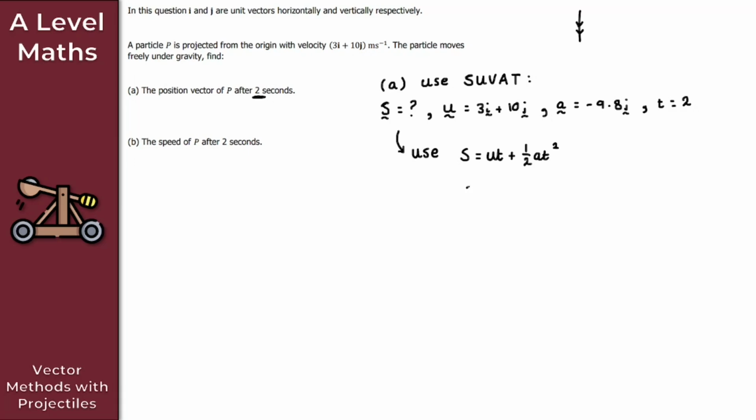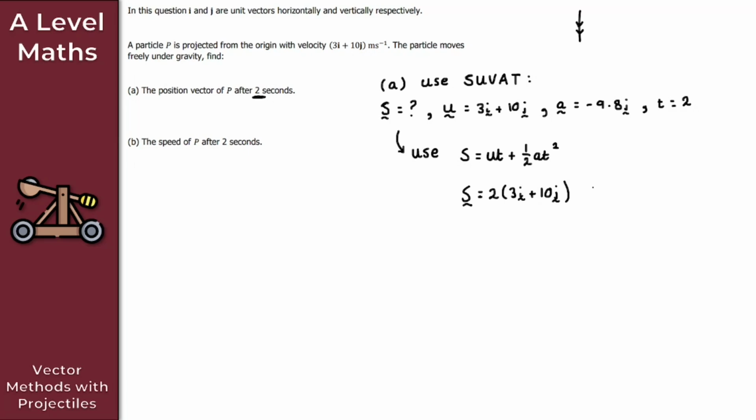We have ut, so u is 3i plus 10j, times t, which is 2, so I get 2 lots of 3i plus 10j. Obviously s would be a vector as well; I should denote it in this equation, but I'm being a little lazy, though you should really do it.